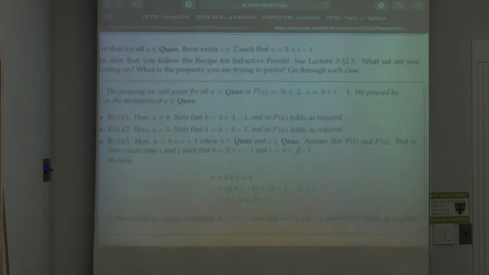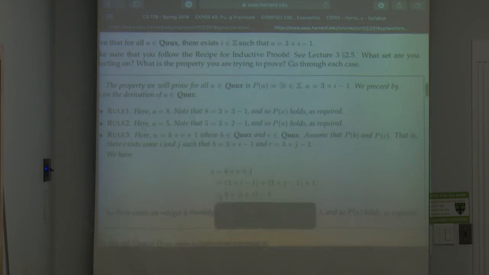So we have our base case, we have our inductive hypothesis, and then we have our inductive step, where we substitute in the equation that we've been given for A. And then it's just a matter of playing with the variables until you get 3 times an integer minus 1.